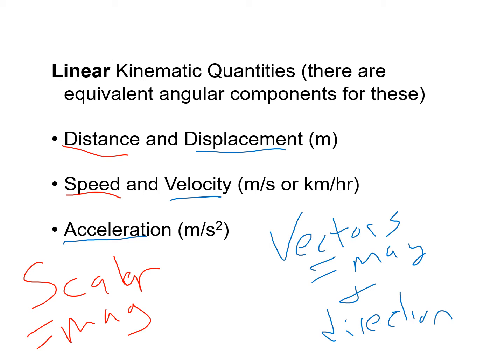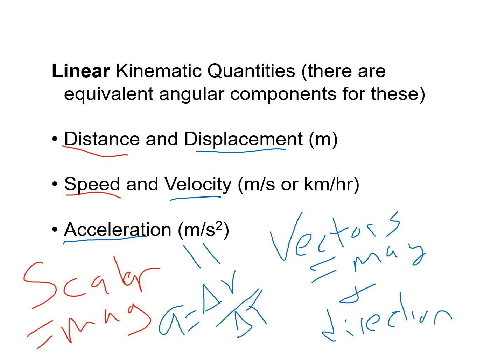Or if you're jumping up and down, you're jumping up at 3 meters per second up, or you're falling at 3 meters per second down. So vectors have a magnitude and a direction. That's a very, very important distinction, especially when we start looking at acceleration. Acceleration is a change in velocity over time.